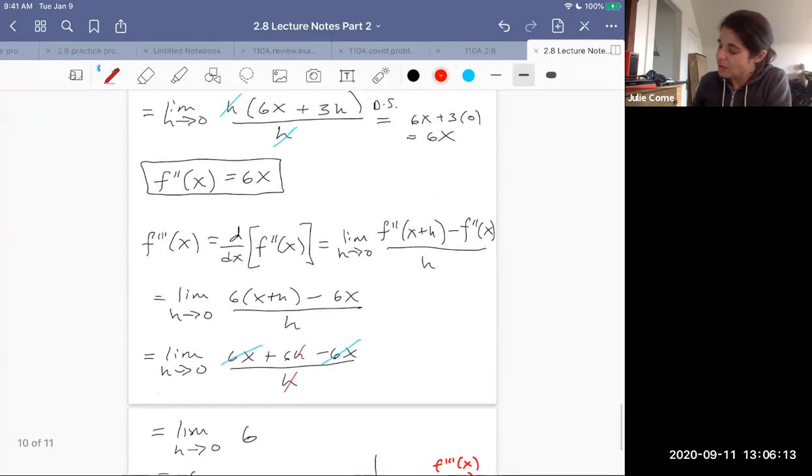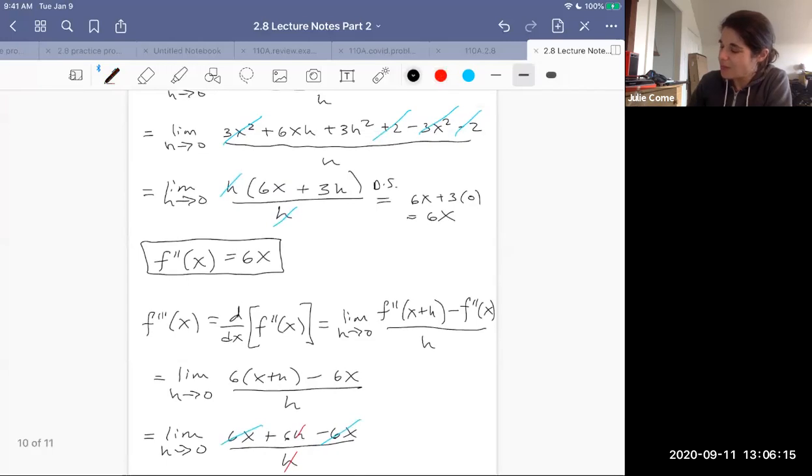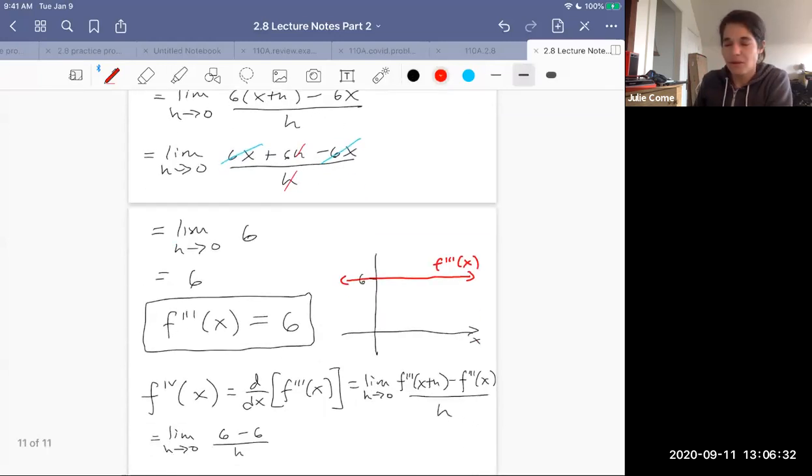Similarly, if I go backwards, remember what was f double prime? It was 6x. Well, that's just the line that has a slope of 6. I'm going to do a bad job of drawing it in here. It's a steep line like this. So this is f double prime of x. It's the line with a slope of 6. Notice that its derivative is then just a flat line at 6.